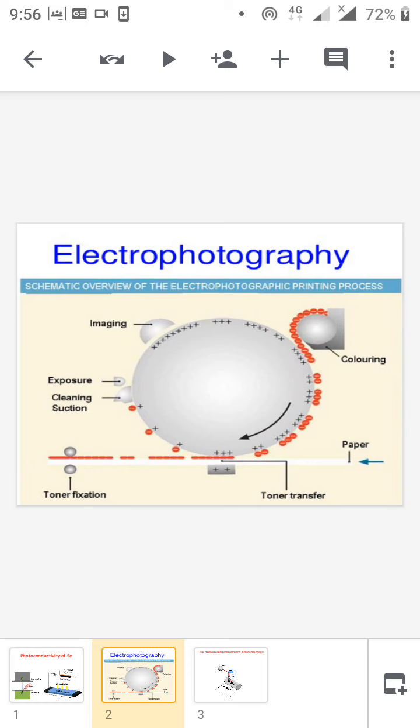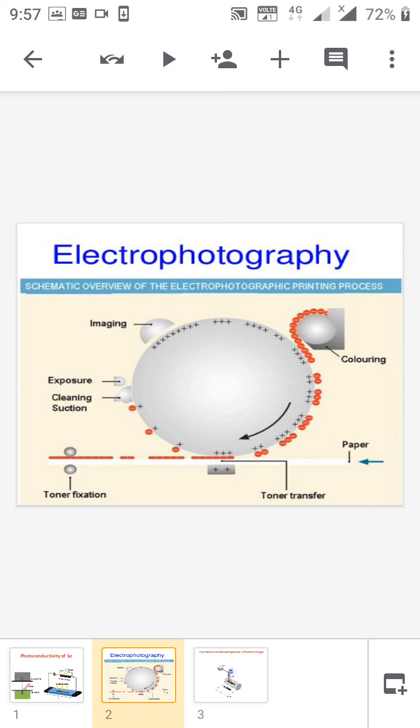While we are illuminating, the laser is used to illuminate the document over the surface of the selenium or arsenic selenium film coated on the drum. So a positive charge is imaged on the surface of the selenium or arsenic selenium.